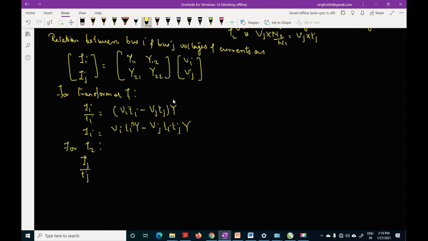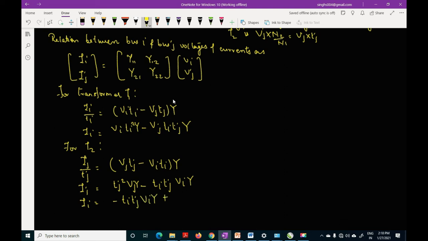Ij by Tj is equal to Vj Tj minus Vi Ti into Y, and rearranging the terms and simplifying them, Ij equals Tj square Vj minus Ti Tj Vi, of course multiplied by admittance Y. So Ii will be Ti square Vi Y minus Ti Tj Vj Y.